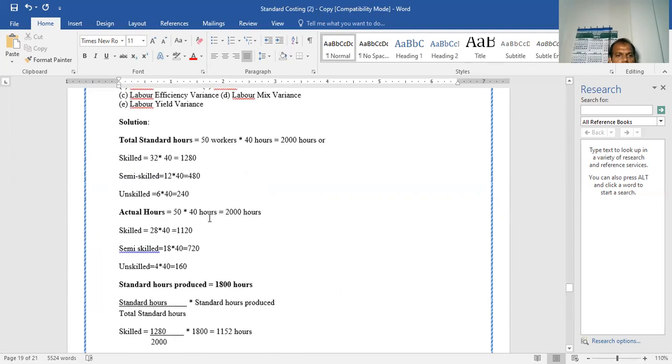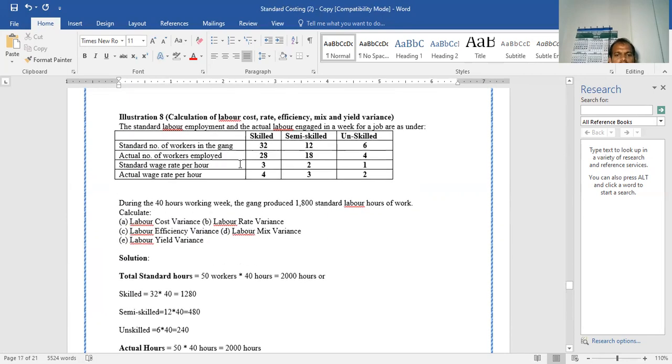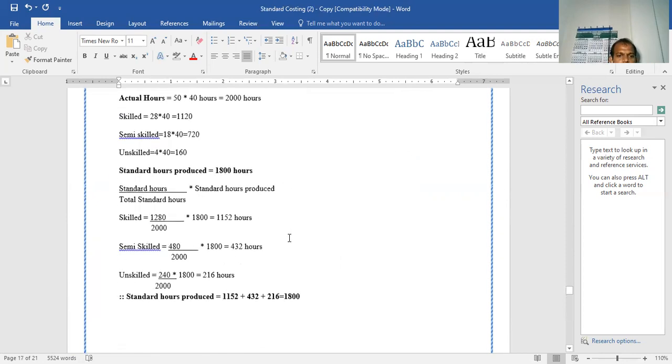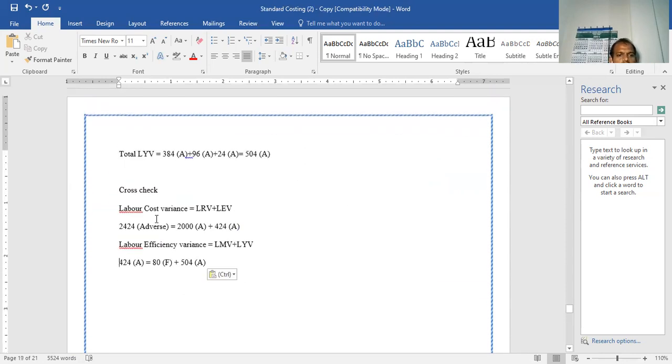So this is how we have to calculate the labor variances and labor cost variances, and cross check them like this. The only thing is we have to remember the diagram of labor cost variances.